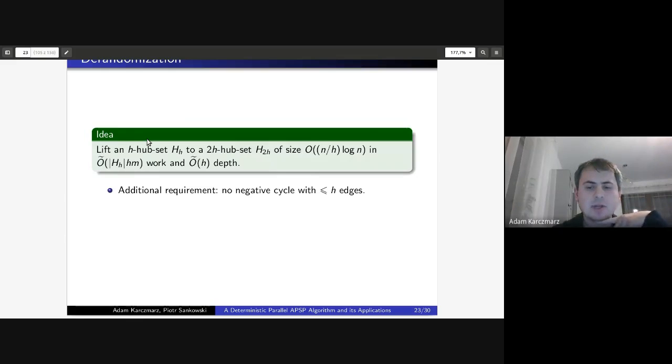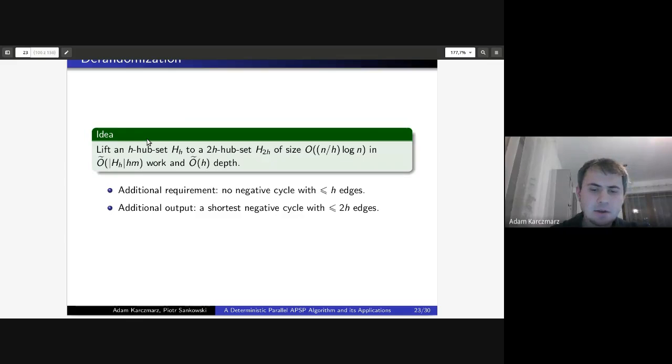In order to do that, we need one additional requirement, that there is no negative cycle with at most H edges. So the procedure will also be able to identify a shortest negative cycle unless it has more than 2H edges.